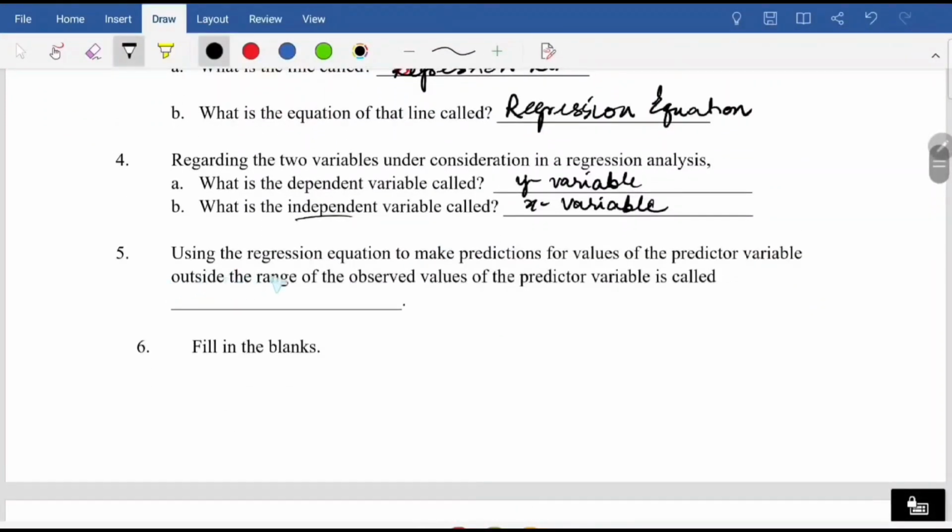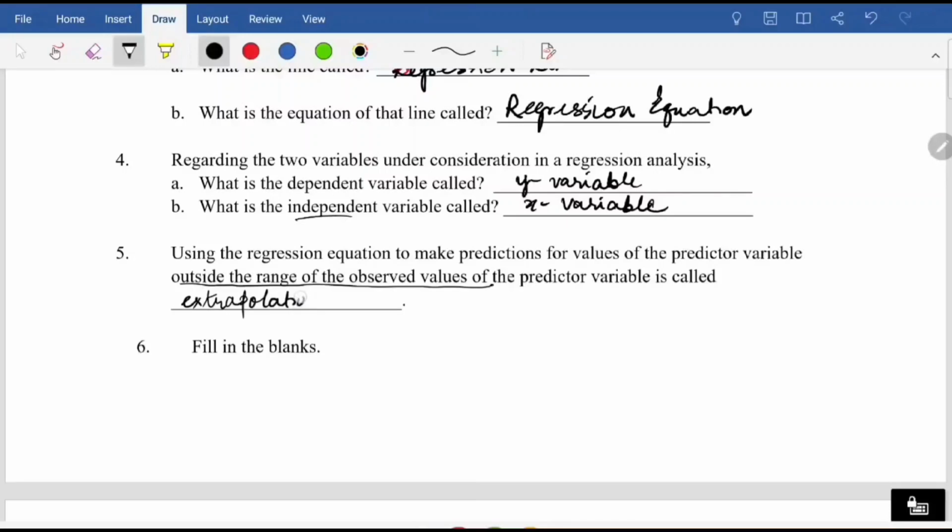Question number 5 is another fill in the blanks question. Using the regression equation to make predictions for values of the predictor variable outside the range of the observed values of the predictor variable, the process is called extrapolation.